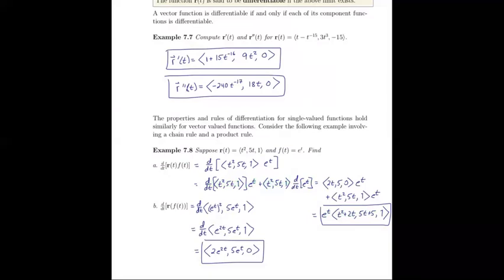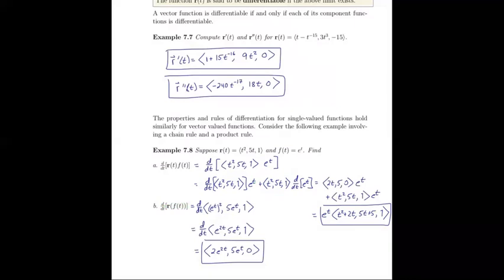Now, the chain rule also exists for these. R of f of t. F of t is a scalar output. R takes a scalar input, t. So of course we can have nested functions and we can take the derivative of these via the chain rule.